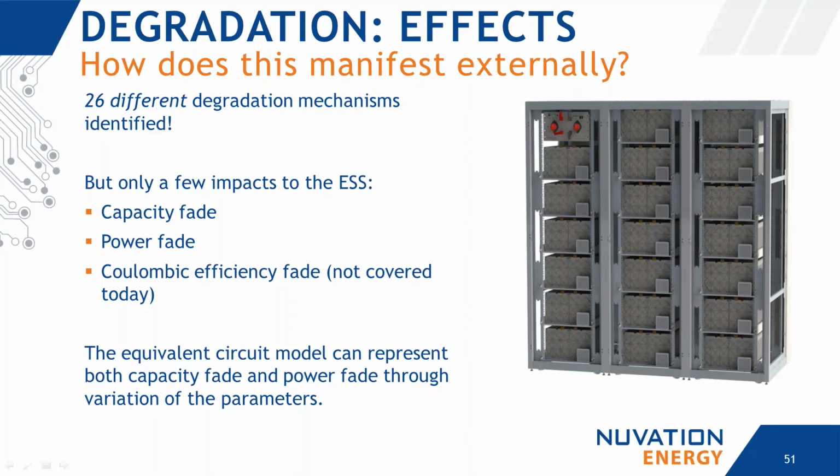That is another effect and a smaller factor, but given how we've defined state of health right now, it doesn't really fit into it. The cool thing about this is the equivalent circuit model can actually help us represent both of these major effects. And I think the best way to make that evident will be through some examples.